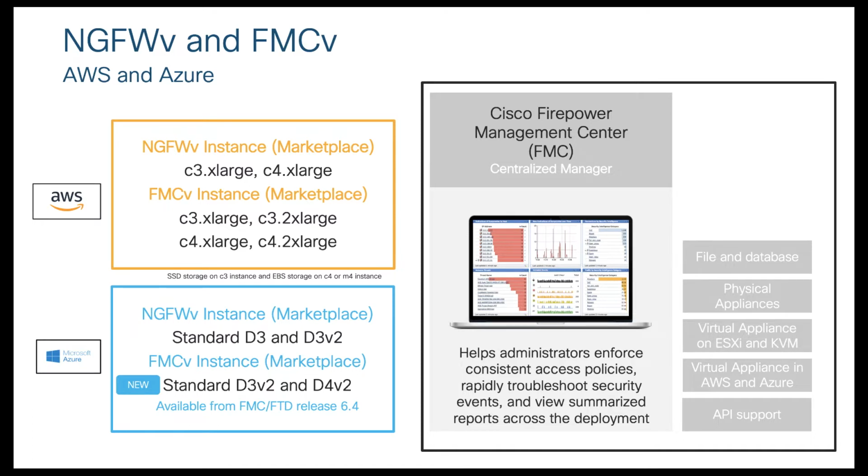You can use physical appliances, you can run it on ESXi, KVM, or you can run it as a virtual appliance in Amazon Web Services and Azure. It has built-in API support, so if you want to orchestrate anything, you can write your scripts and your scripts will talk to Firepower Management Center, and then Firepower Management Center is going to push that configuration down to your firewalls.